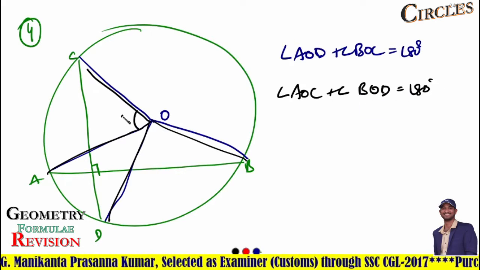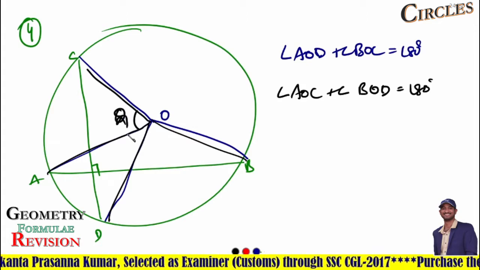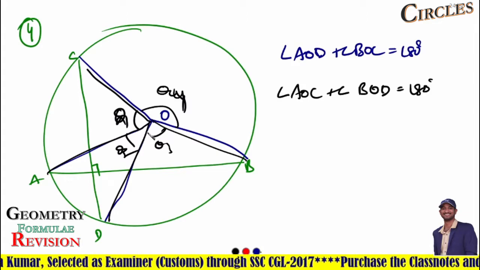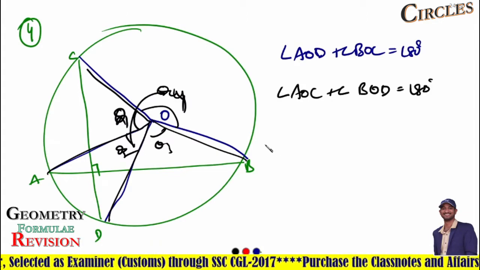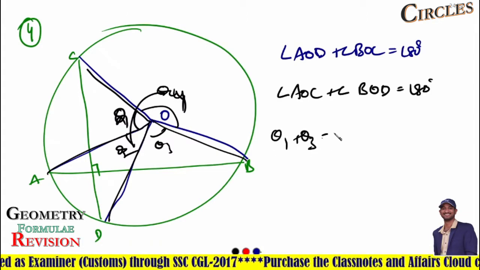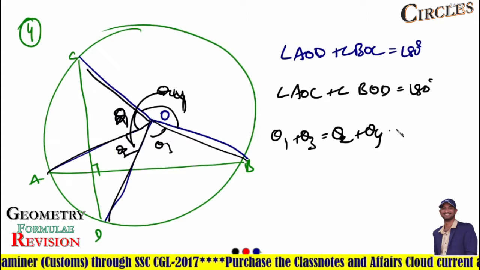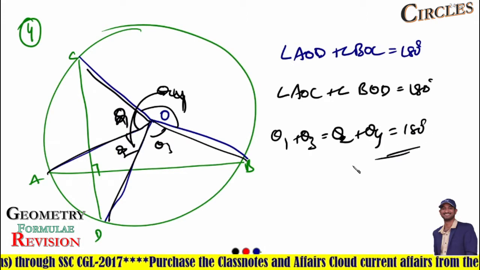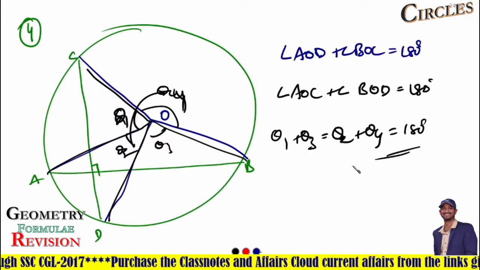That means if these are theta 1, theta 2, theta 3 and theta 4, then the sum of the opposite angles theta 1 plus theta 3 equals theta 2 plus theta 4 equals 180 degrees. This property holds for only perpendicular chords.